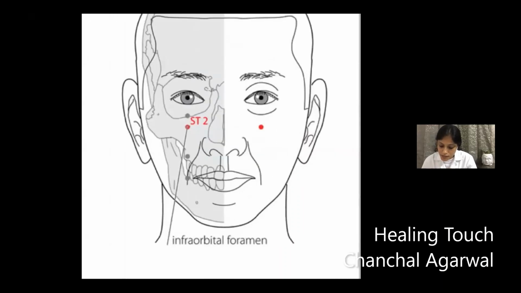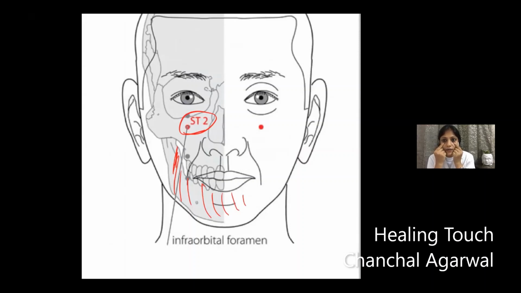This is stomach 2. So for lower jaw की problem, lower jaw में कहीं भी कुछ भी problem आ रही है, then we should choose stomach 2. So this is just below the eye. Eye का center point, जहाँ आपका pupil है ना, अगर आप straight देख रहे हो, if you are looking straight, then just below the pupil you have on the bone, just below the eye is your stomach 1. अगर इसको ऐसे pressure दोगे तो you will find little pain here because this is a sensitive point.